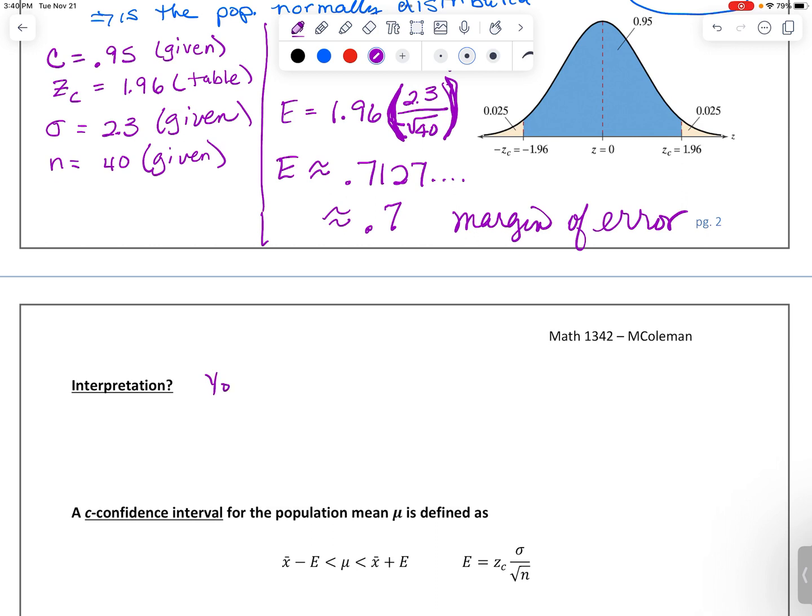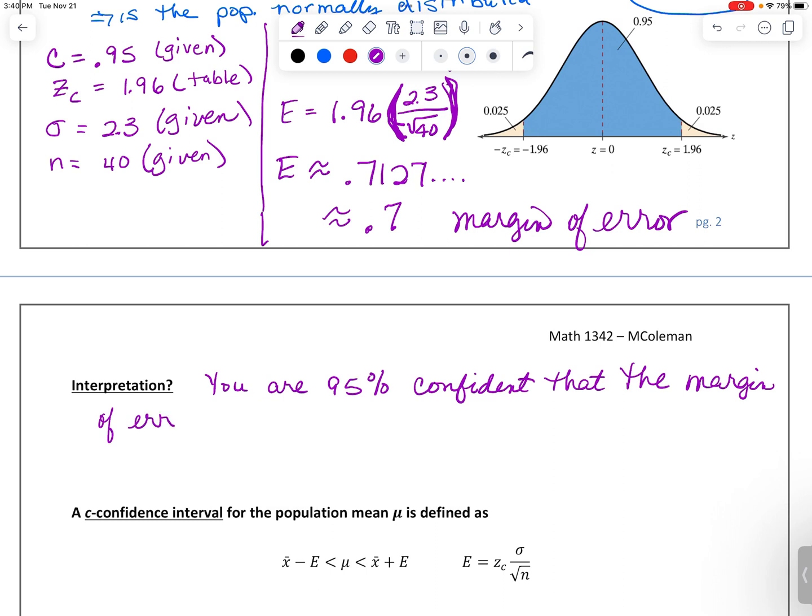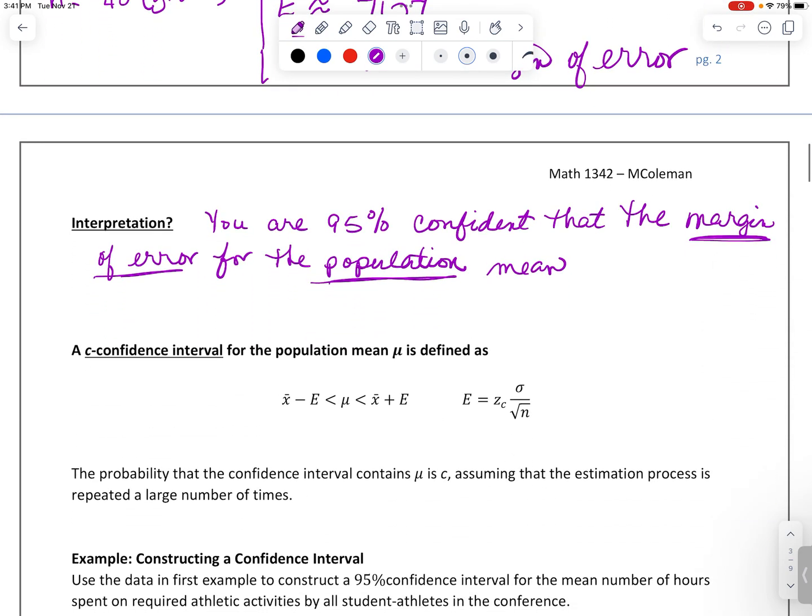It says you are 95% confident that the margin of error for the population mean, so the population average, is about 0.7 hours.